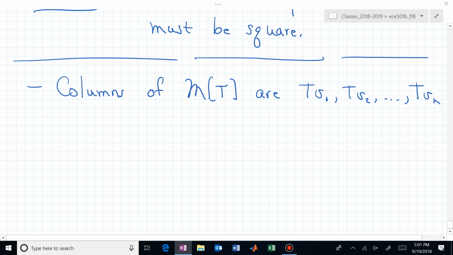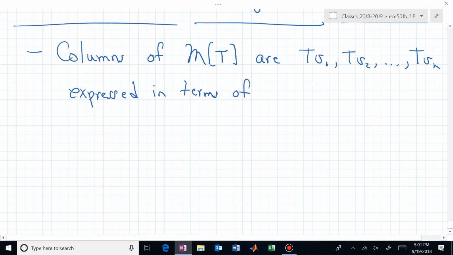Columns of this matrix representation are these outputs expressed in terms of the basis of our output vector space, which are the W's.